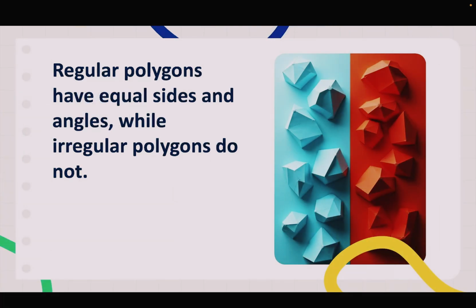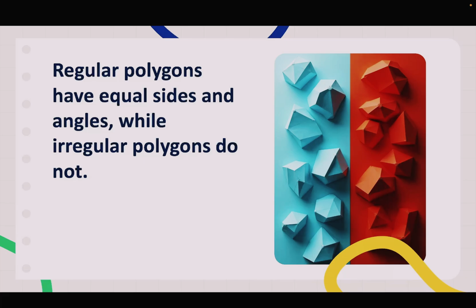For the first question, what's the difference between regular and irregular? Here's the answer. Regular polygons have equal sides and angles, while irregular polygons do not. We discussed in the definition that regular polygons have equal sides and equal angles.